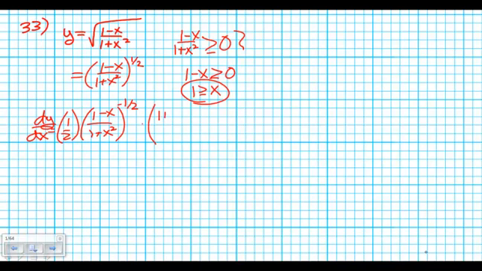So bottom times the derivative of the top minus the top times the derivative of the bottom all over bottom squared. Great. That's ugly. But let's not let its ugliness get in the way of doing this problem.